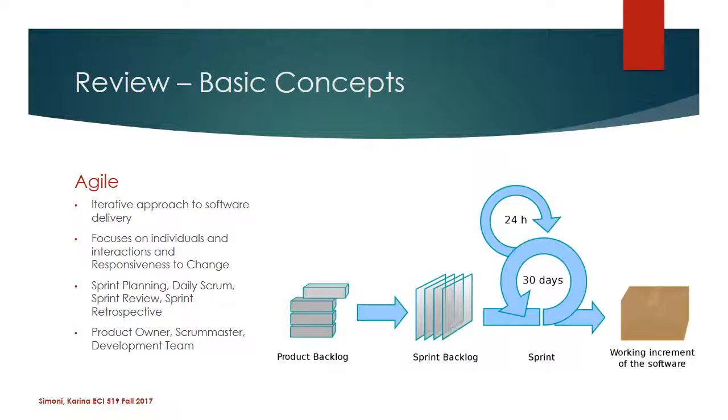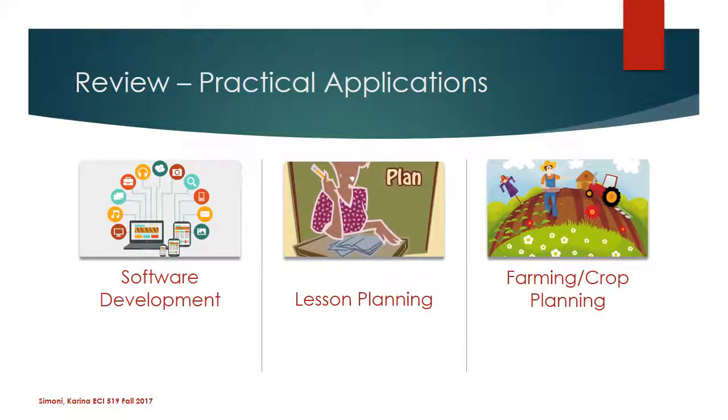Those individuals and the interactions between them foster the communication and collaboration that makes Agile successful. We saw this in software development, lesson planning, and farming and crop planning. This can apply to most industries all over the world. Remember, Agile is all about adapting to change, and Agile can be adapted too.